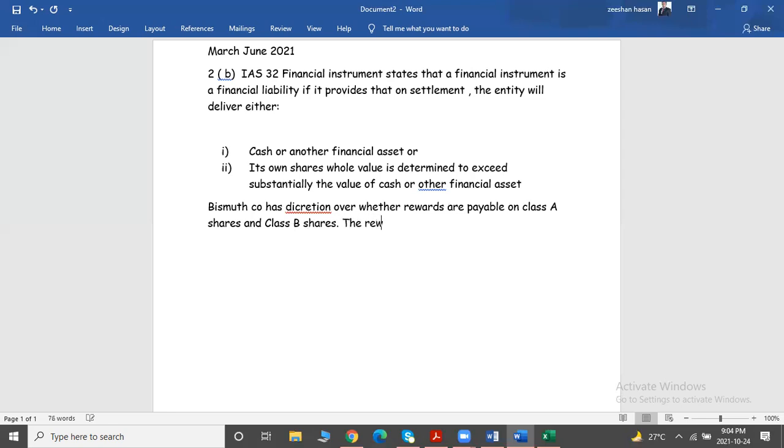The rewards are essentially a dividend paid on the investment.